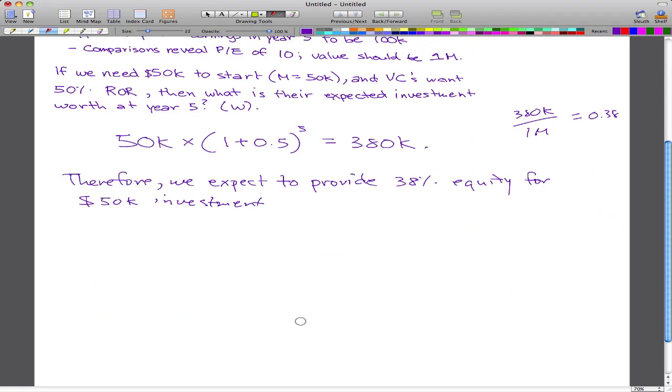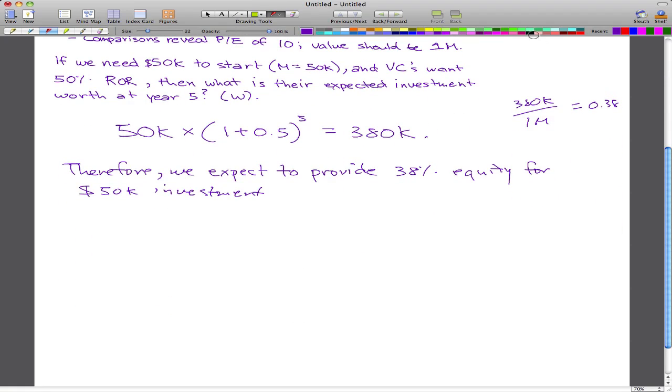And you could really easily just recalculate a lot of stuff. For example, let's say that by the end of the 5 years, these guys want 500K. Then using the same equation, we can work out how much ROR they actually want.